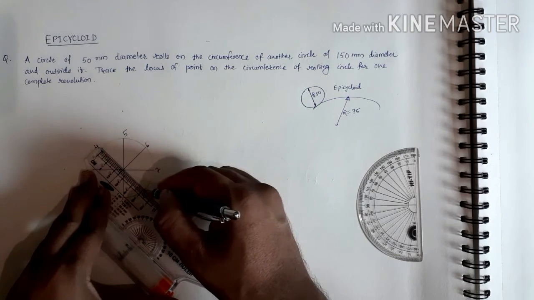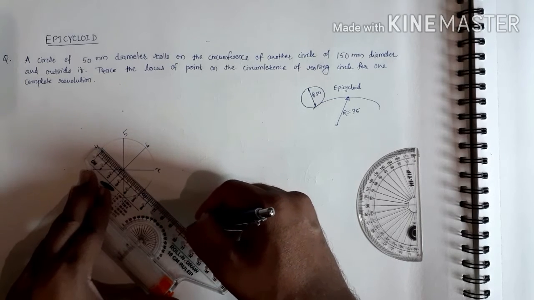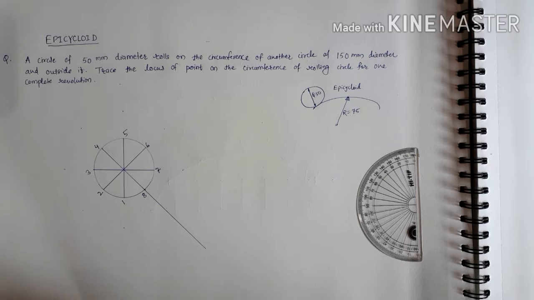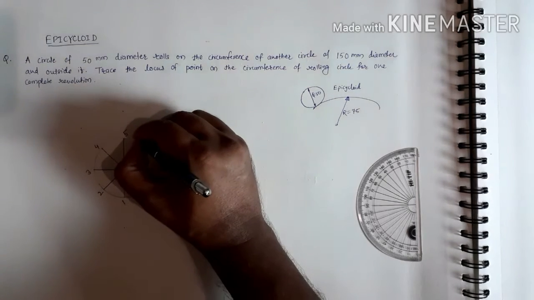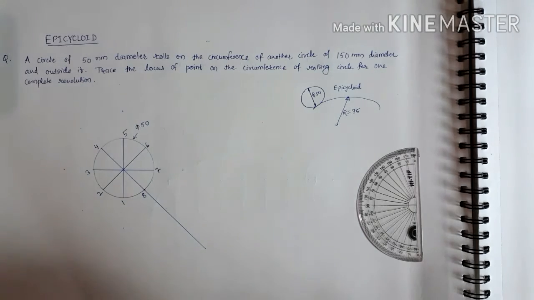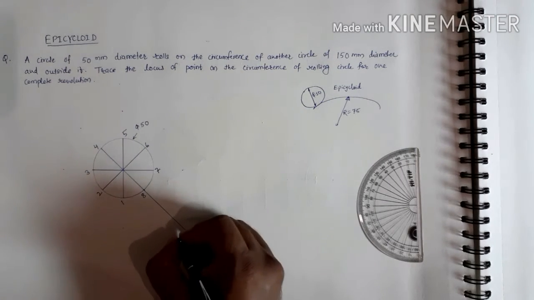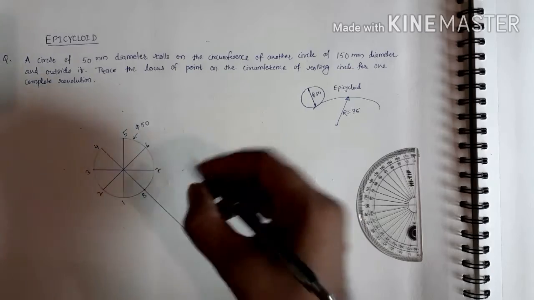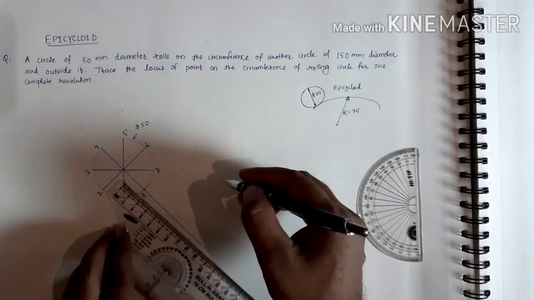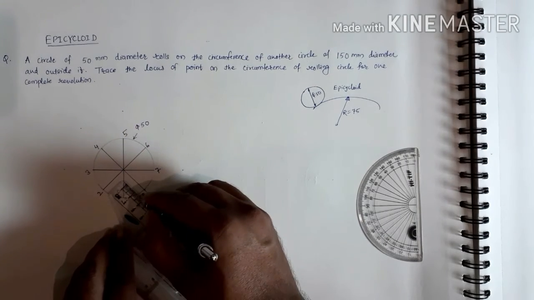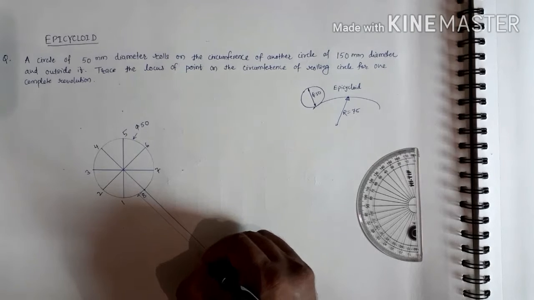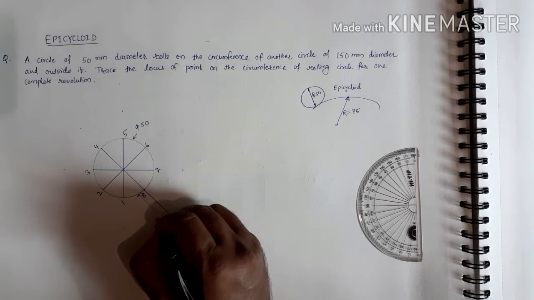So from point 8 draw line 75 mm. Show the distance 75 mm. Okay, so I have shown the dimension 75.